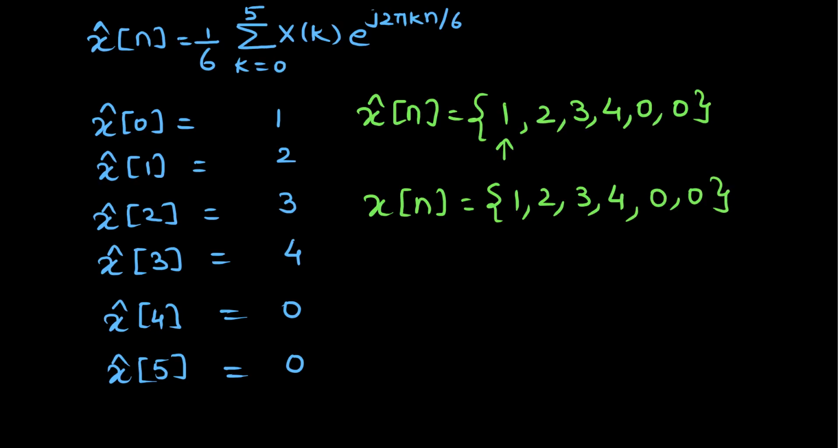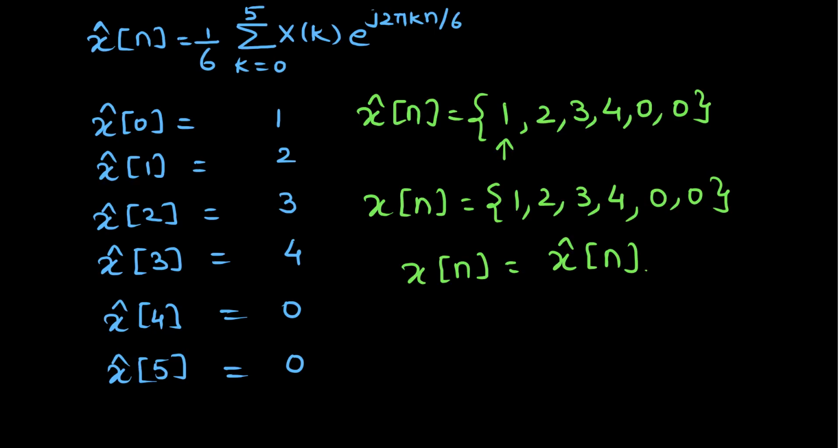So if we observe these two signals here, we can see that both are equal. So we have x of n is equal to x hat of n, which means that by considering the value of n greater than the length of the signal, we are again able to get back the original signal by taking the inverse of the corresponding DFT.